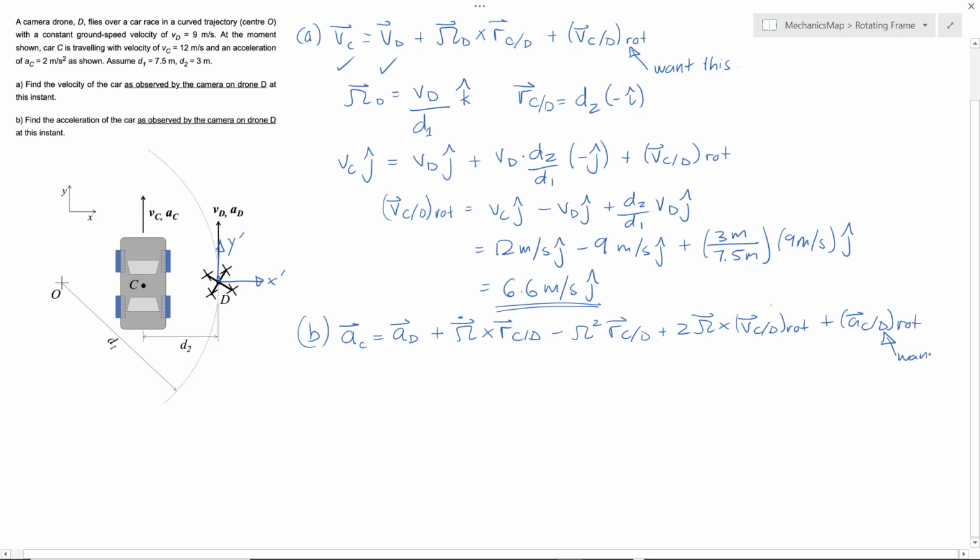And again, this relative acceleration is what we've been asked to find.